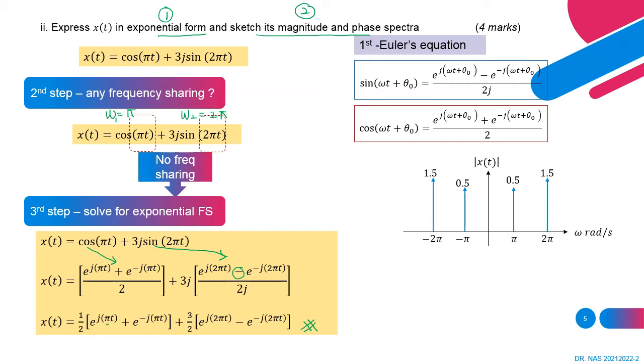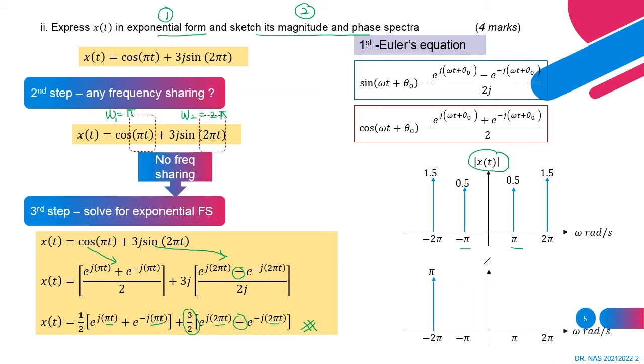Okay, so at positive π, you have an amplitude of 0.5, at negative π, you have an amplitude of 0.5 as well, and then at 2π and negative 2π, both magnitude 3/2 or 1.5. So this is the magnitude. Although here is negative, here is the modulus, so you have all positive amplitudes.